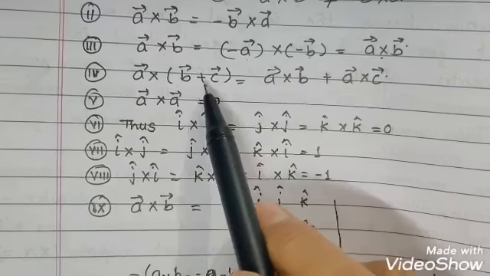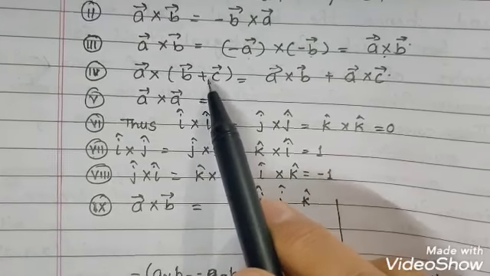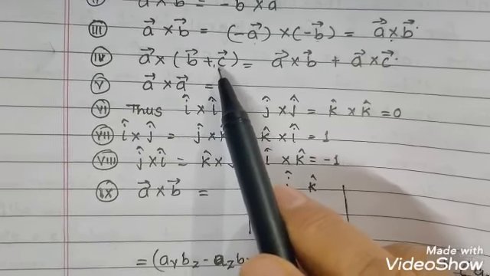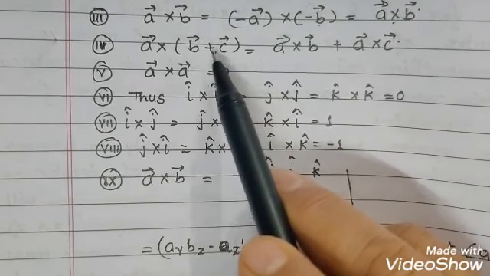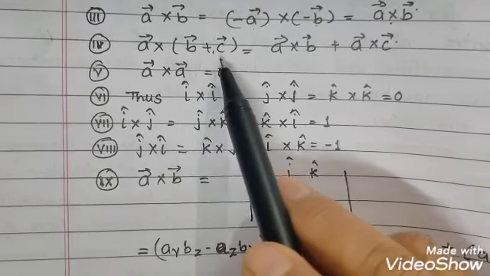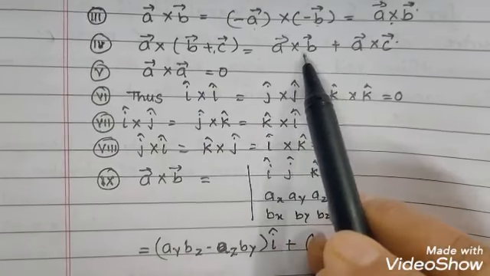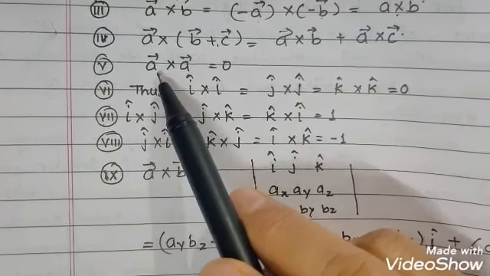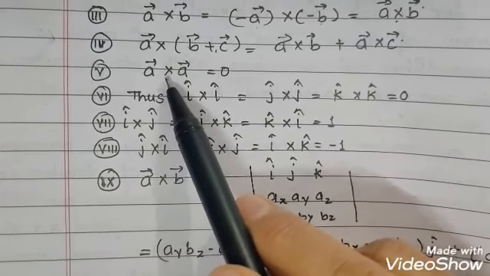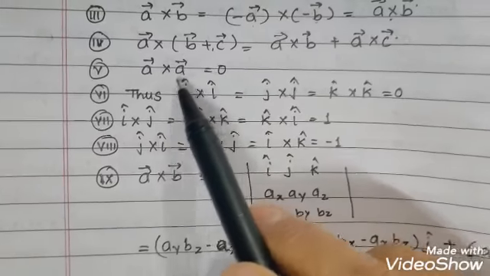Now the fourth point, the distributive law. The distributive law is followed by the cross product as well as the dot product. So A cross (B plus C) can be written as A cross B plus A cross C, and we know that the cross product of the same vector will be equal to 0. And why is it 0?